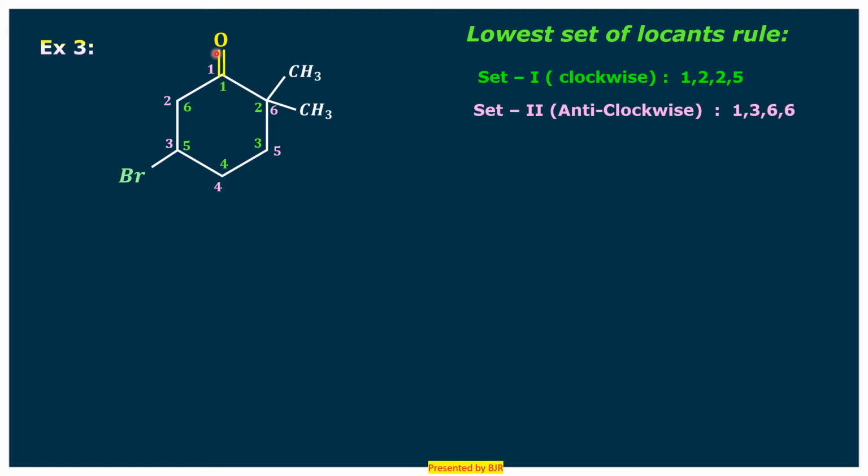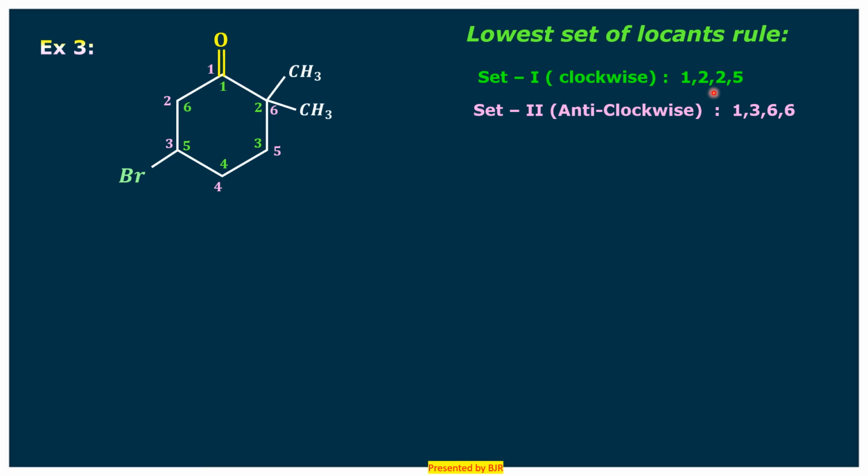Set 2, starting from this carbon atom in anti-clockwise direction, locants are 1 comma 3 comma 6 comma 6. Now we have to compare these two sets of locants term by term. The first terms are equal. Then we have to compare the second terms, and 2 is less than 3.